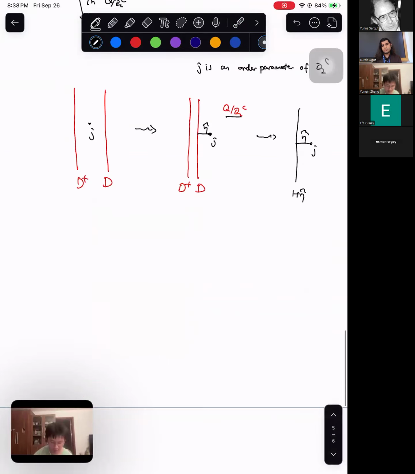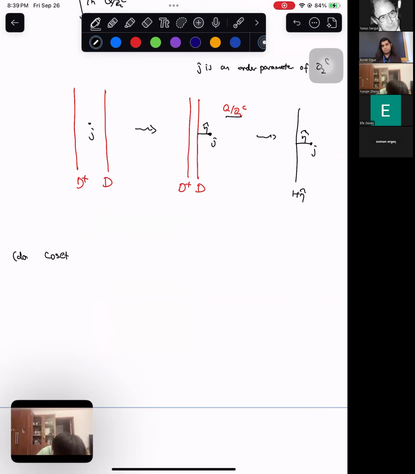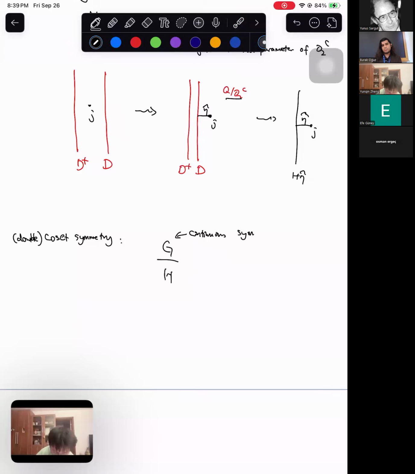This comes with the name of the coset symmetry, or maybe the double coset symmetry, which is that if you start with a continuous symmetry G, and you gauge a finite normal subgroup H, then the theory after gauging this H symmetry has a non-invertible symmetry.